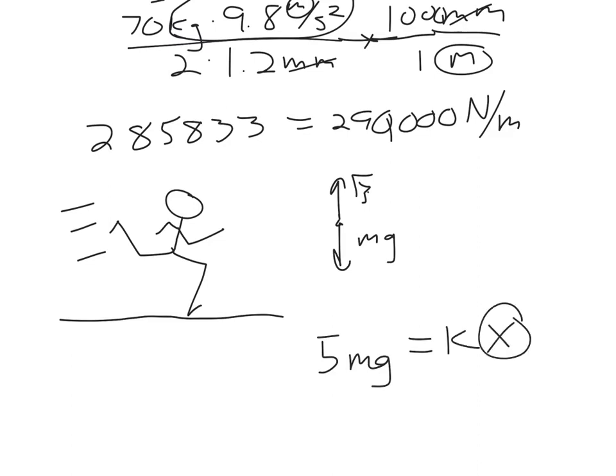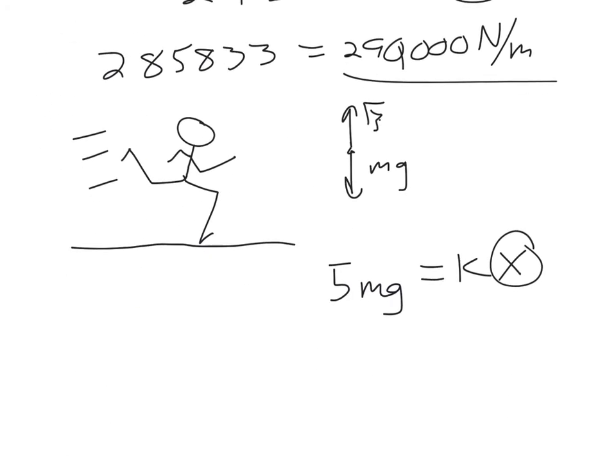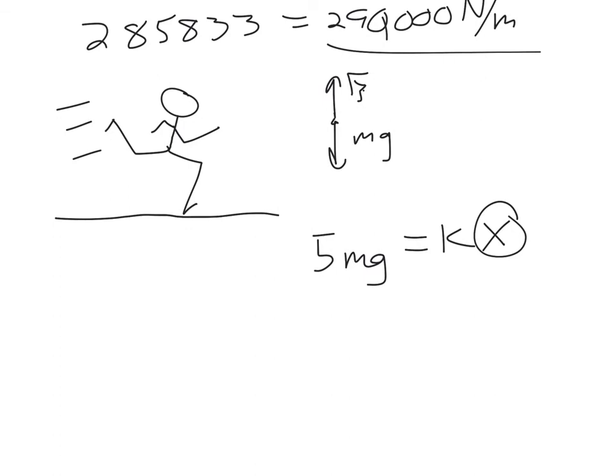And that will be equal to kx, and x is what we're looking for. Now, we could simply plug this in to k and plug in m and g. But I think there's a trick we could use here, because we can do proportionality. If the original force was mg over 2, and the new force is 5 mg, what's the ratio between 5 mg and mg over 2? That's a ratio of 10 times more.